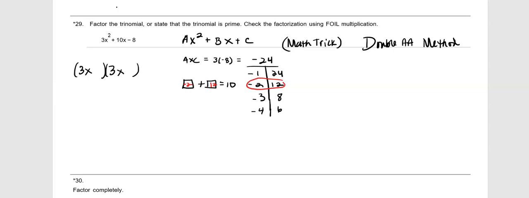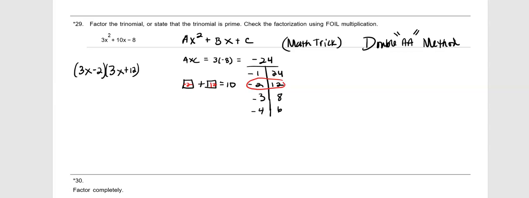And that's where the actual name of the method comes from, the double A. So we have our x squared here, but we're going to use the A and the A here: a 3x and a 3x, right? That's a little math trick about all of this. Then we're going to place the -2 and the positive 12 in our binomials. So I'll put a -2 there, positive 12 there. It doesn't matter if you put the -2 in the second one and the positive 12 in the first one.